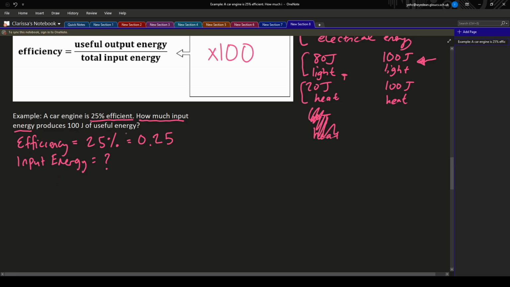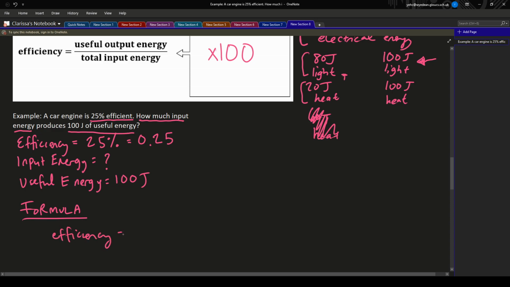Produces 100 joules of useful energy. So useful energy equals 100 joules. Now the FIFA method. Formula: efficiency equals useful output over total input.